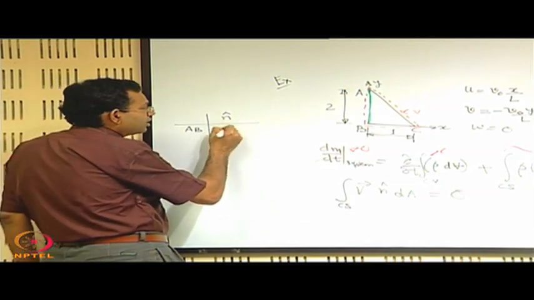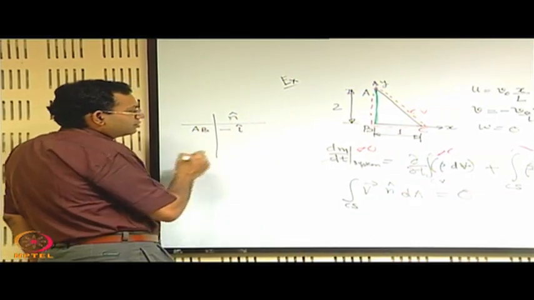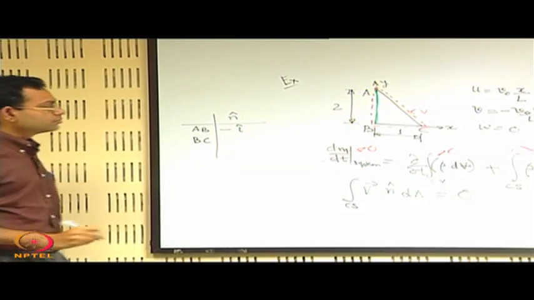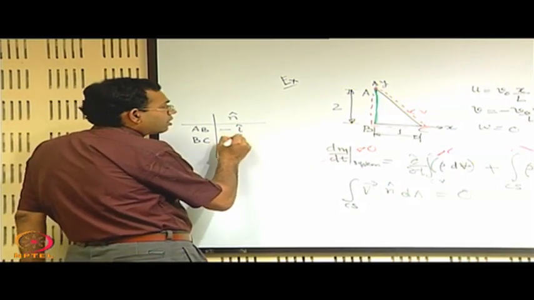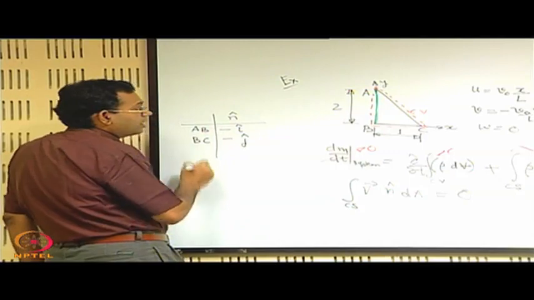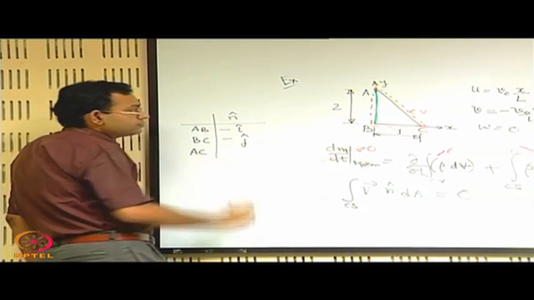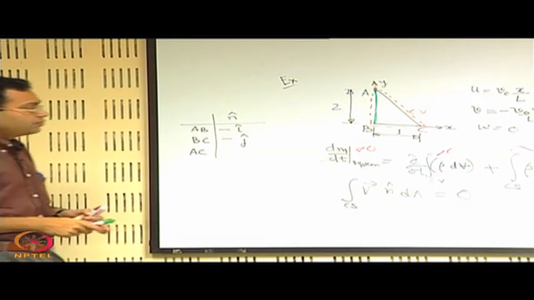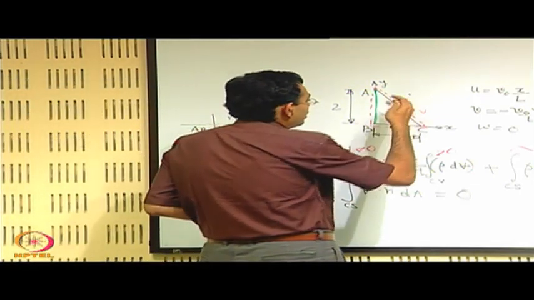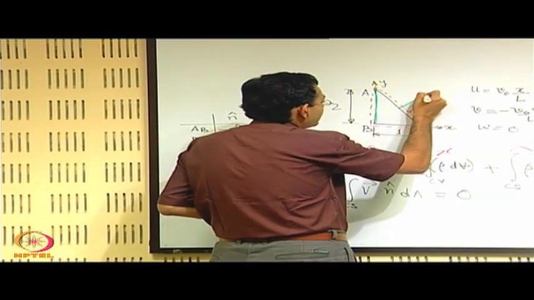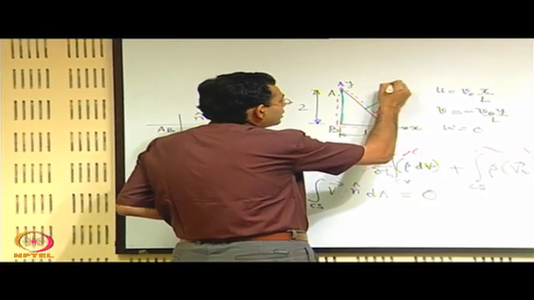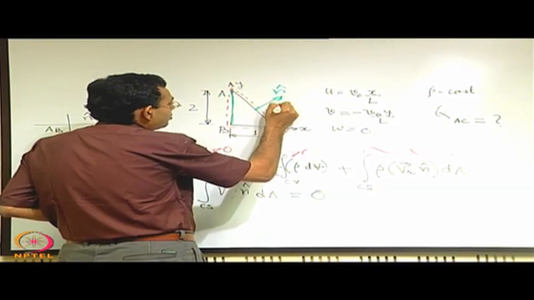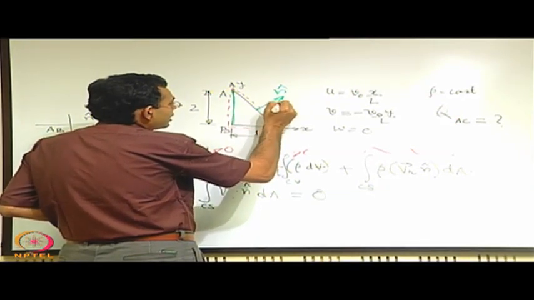Minus i. Then BC, and AC. So, for AC let us say that this is the unit vector normal. So, this will have its components, let us say this angle is theta.